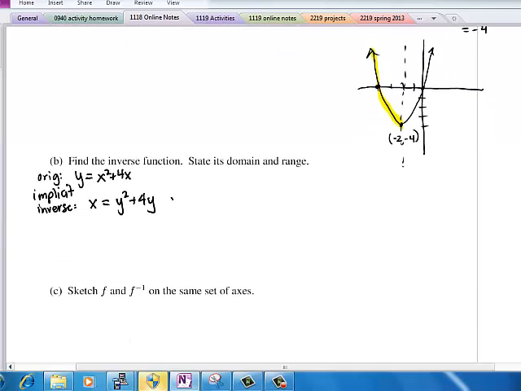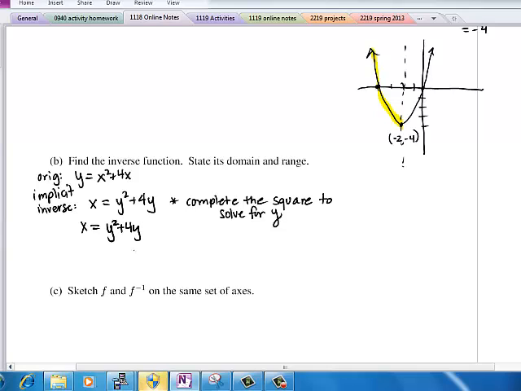And what I need to do here is complete the square to solve for y. So if I'm going to complete the square, I want to have x equals, leave some space here, x equals y squared plus 4y.